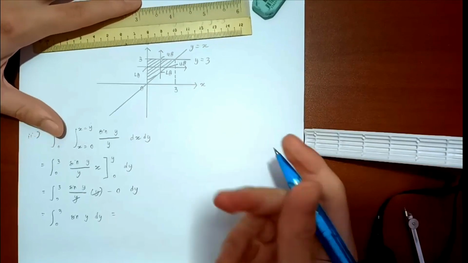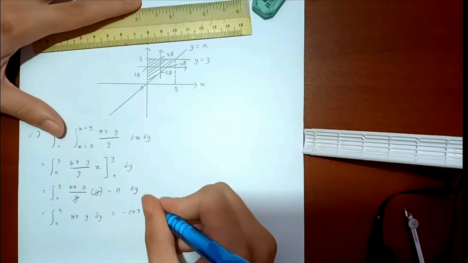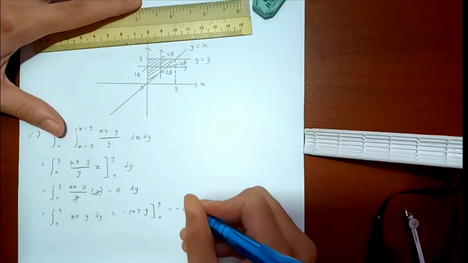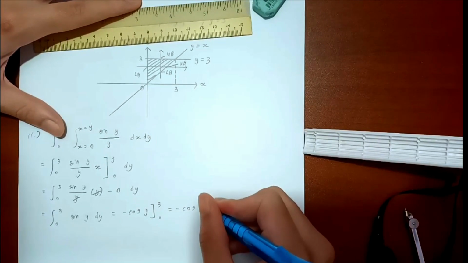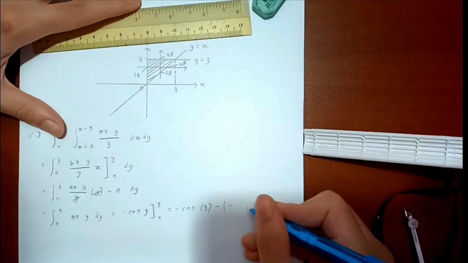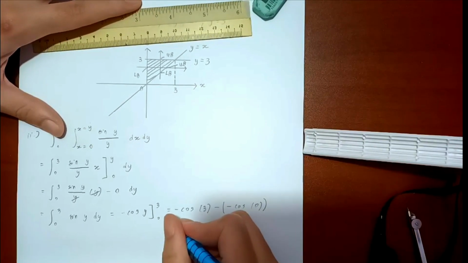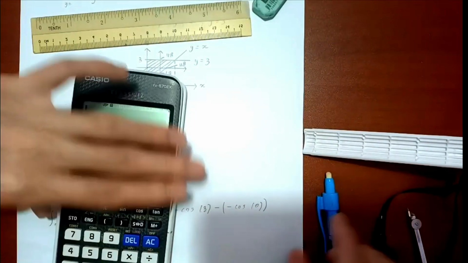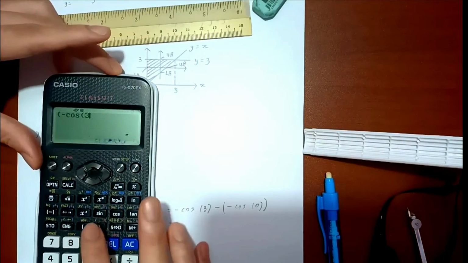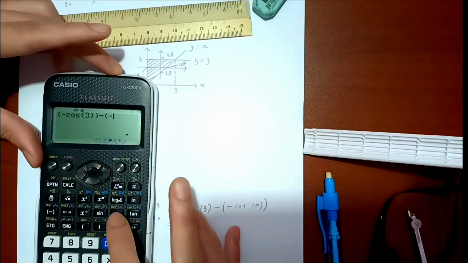And then integrating sine is negative cos y, from 0 to 3. Then I plug in the value: negative cos 3 minus, don't forget, minus negative cos 0, and then the final answer would be negative cos 3 minus negative cos 0.